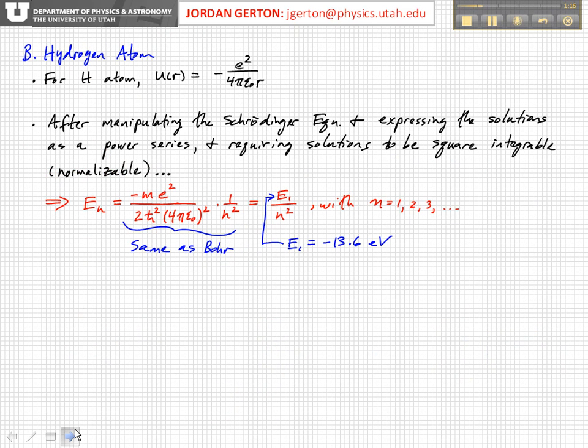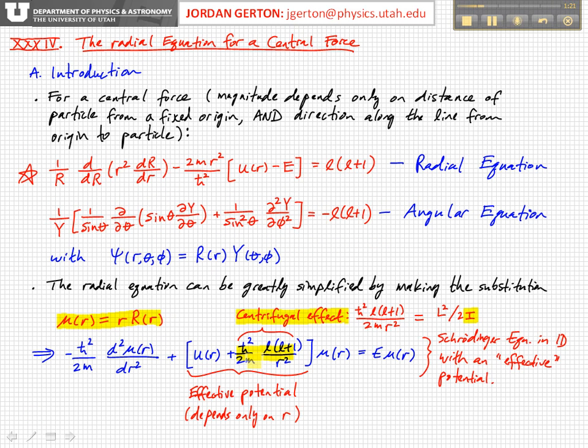So for the hydrogen atom, first of all, up till now we have not assumed any particular form for U of R, other than to say that the potential energy of the particle is just a function of the distance of that particle from some fixed central point, some central origin. That's all that we've assumed.